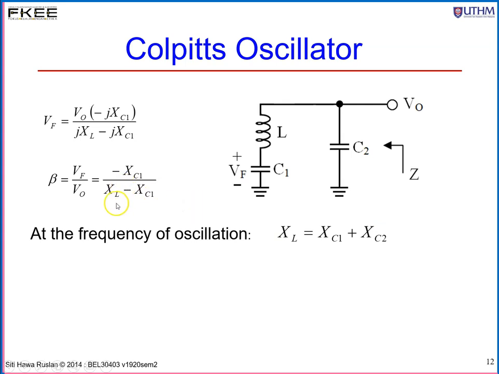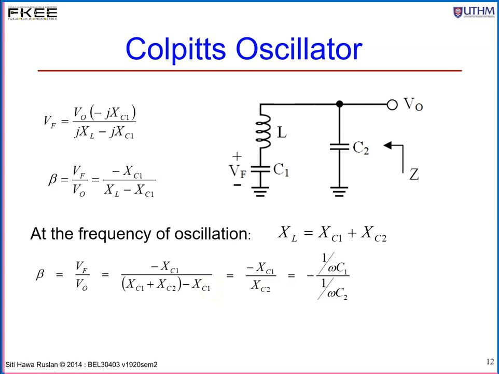Substitute into this equation, substitute XL with XC1 plus XC2. Simplify this equation. XC1 minus XC1 will cancel out, so you are left with minus XC1 over XC2. Okay, XC1 is 1 over omega C1 and XC2 is 1 over omega C2. So simplify this, you'll get that your beta is equal to minus C2 over C1.